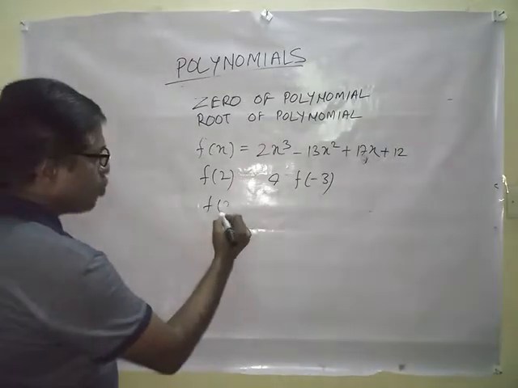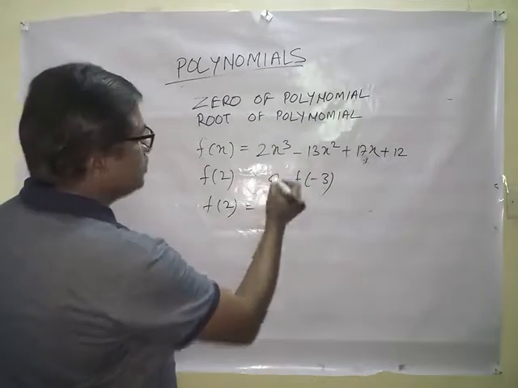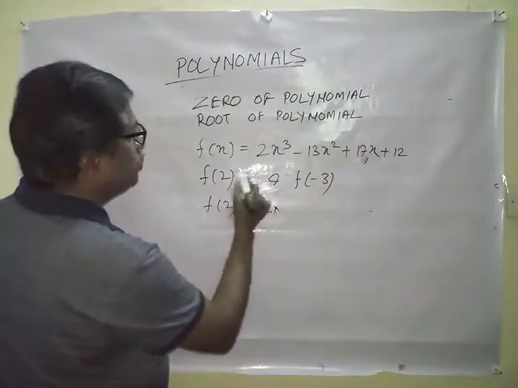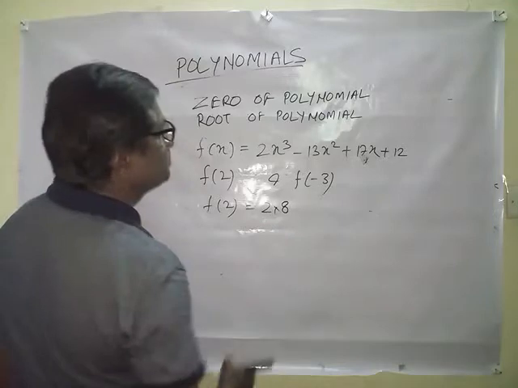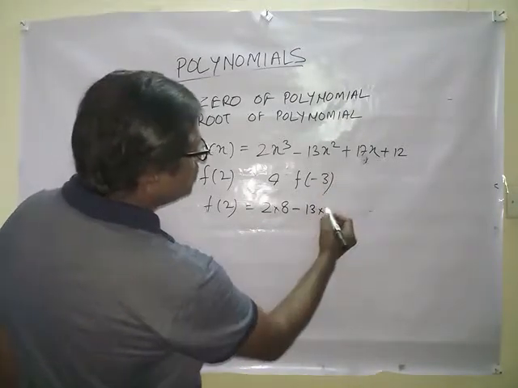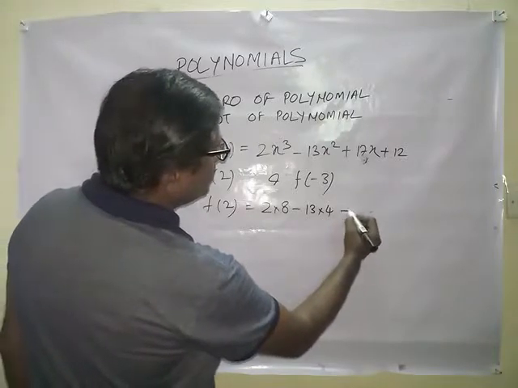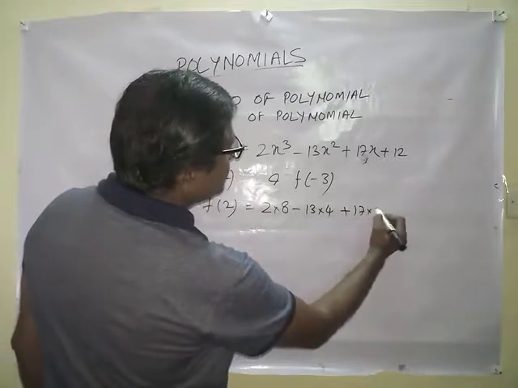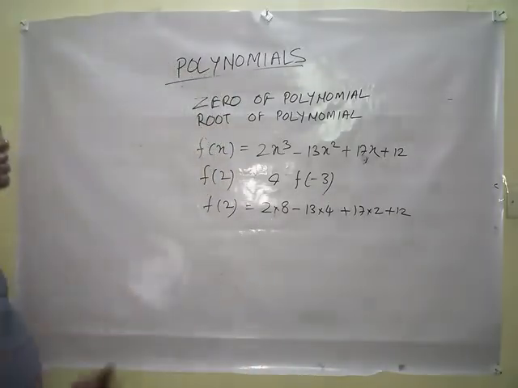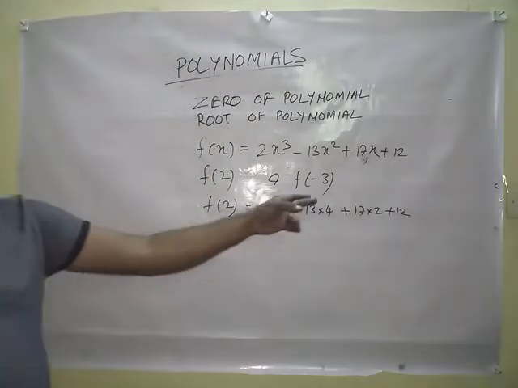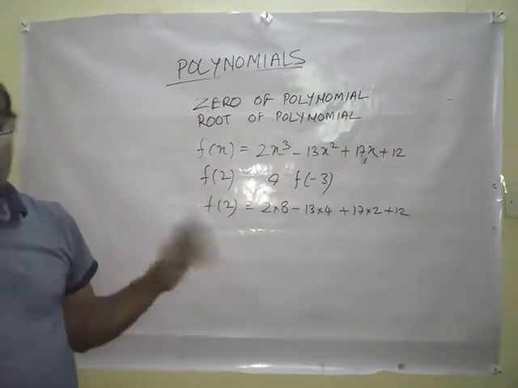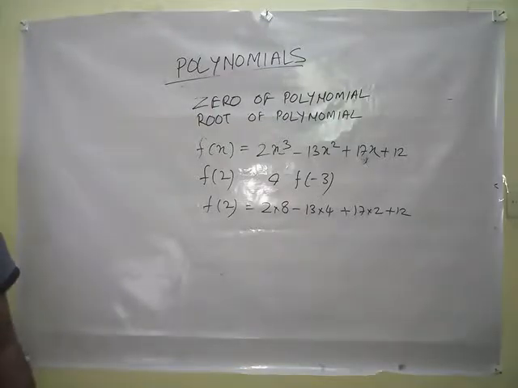Find out f(2): straight away put the value of 2 here. 2 multiplied by 2 cube, which is 8, minus 13 multiplied by 2 square, which is 4, plus 17 multiplied by 2 plus 12, and solve this, you will reach the answer. Similarly, place the value of minus 3 here and solve the equation, you will get the answer.